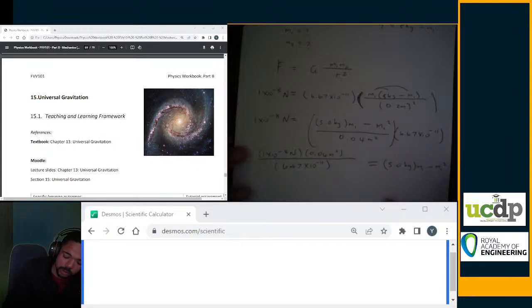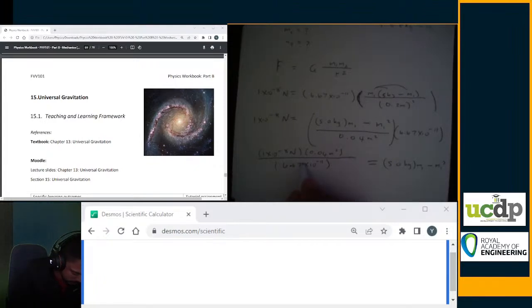Rearranging it further, taking this over to that side and then calculating this, we get 6 kilograms squared. This gives us 5 kilograms times m1 minus m1 squared.